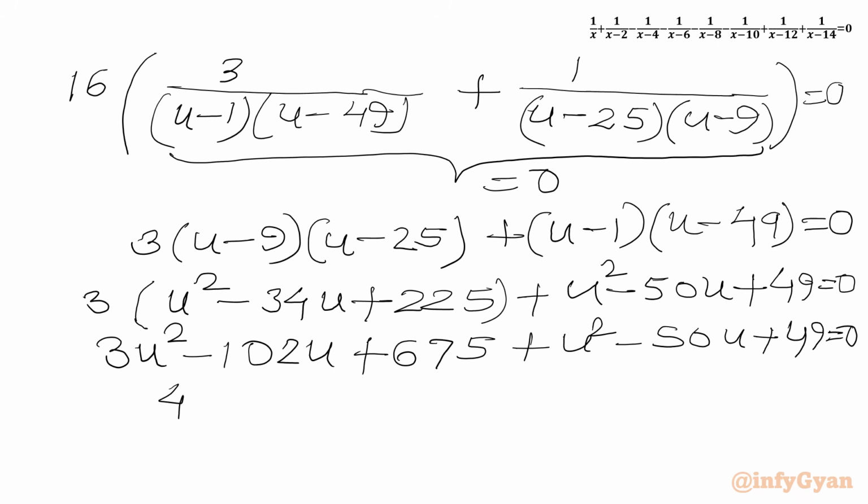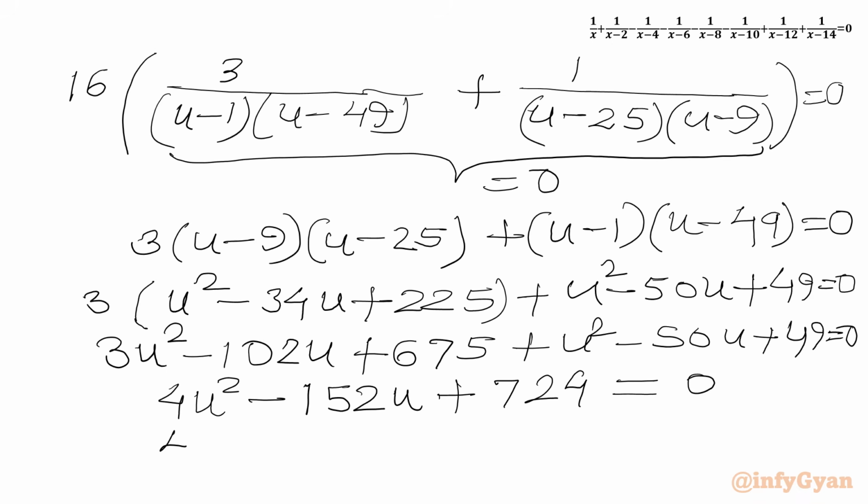So we can write the equation: 3u square plus u square is 4u square, minus 102u minus 50u, we will write minus 152u, 675 plus 49 is 724. Now we'll take 4 common out here.